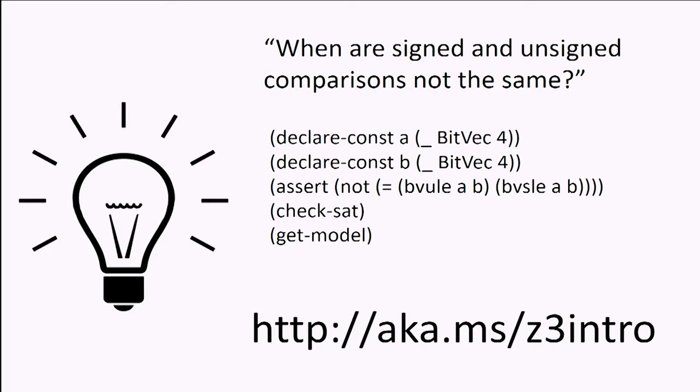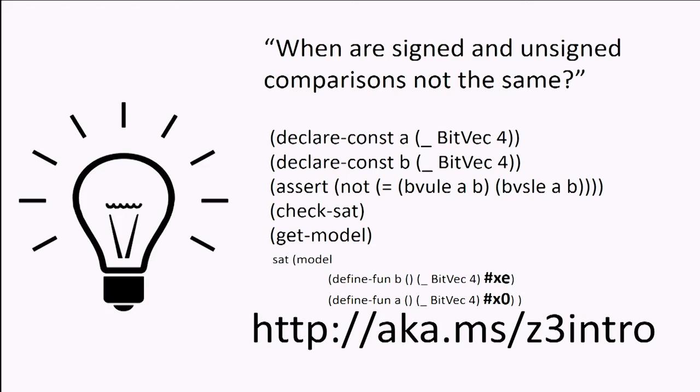And that can lead to challenges if you're using that check to enforce some security property. So this is an example of a piece of code for one of these solvers that says, I want you to tell me when is a signed comparison not the same as an unsigned comparison. All of that stuff with all the parentheses is just asking this solver, when are these two not the same? And you can go there on the web and ask the question and it will tell you, hey, this is the case, they're not the same at this point.